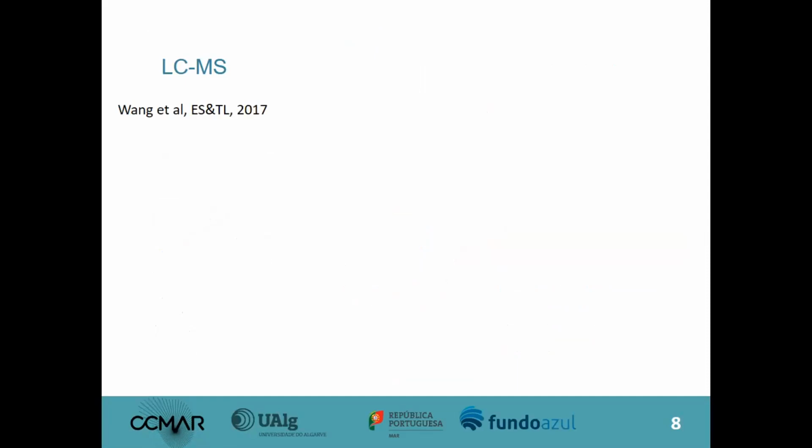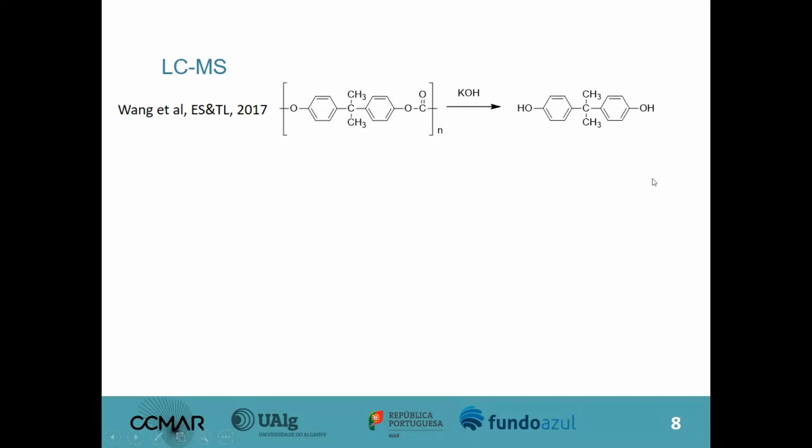This is a paper from 2013 by Wang and collaborators. Basically, they took this polymer, polycarbonate, they made a chemical reaction, hydrolysis, and this compound resulted from the depolymerization. Another polymer they studied is this one, that is PET, and then the released compound was this one here.